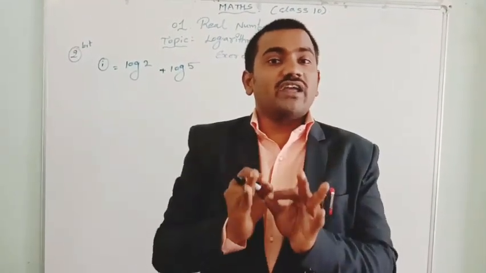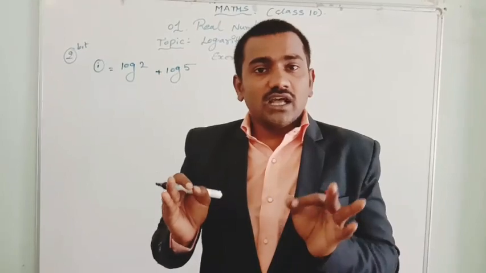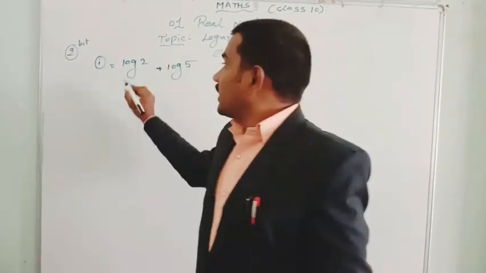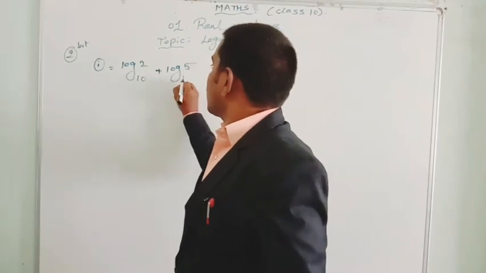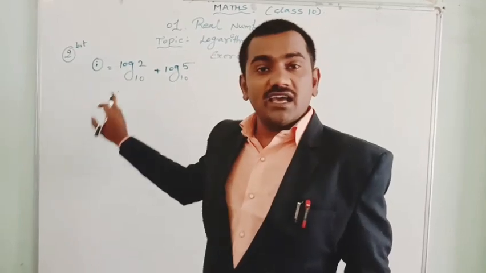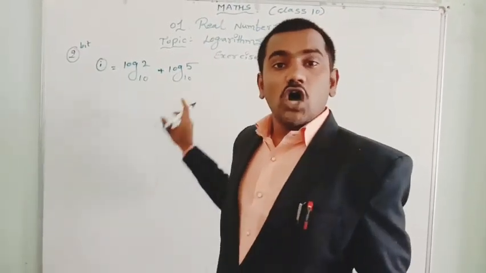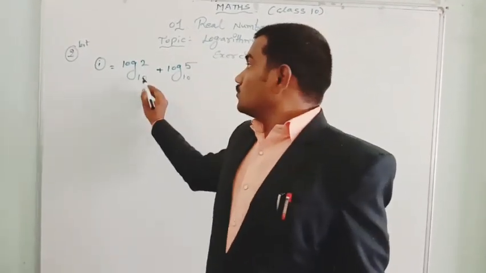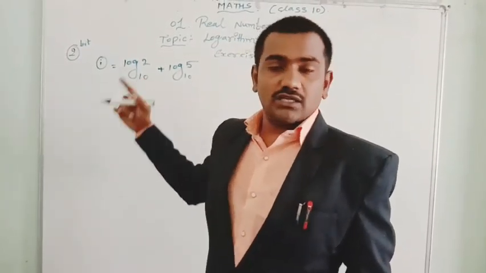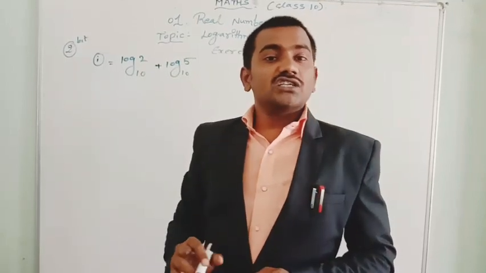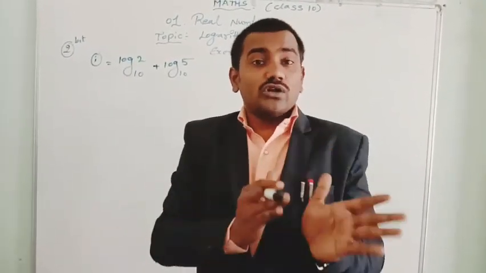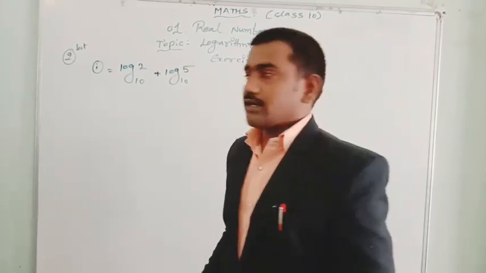So here we can write 10 as the base. Some of them also use e in the base of the logarithm. e is called the irrational number or Euler's constant. Regarding this I told you already in my previous video, you go through that.